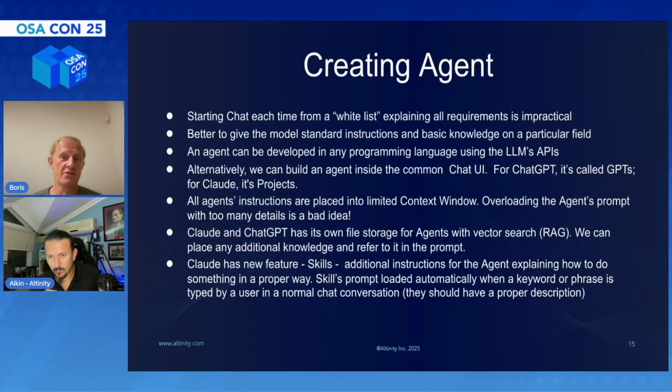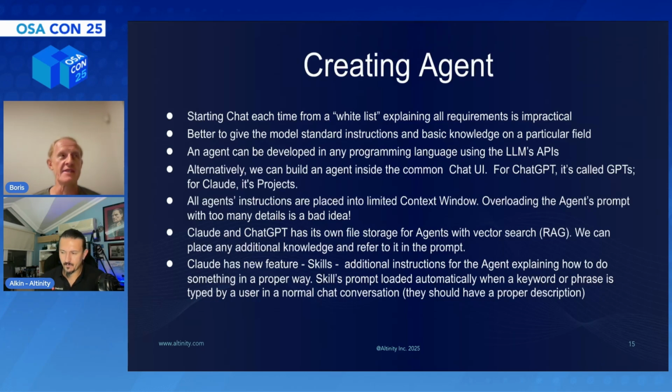It's related to the basic prompt. You couldn't create a huge book of instructions for the model. So it should be short and precise. And the same for data. Recently, Claude introduced a new feature, skills.